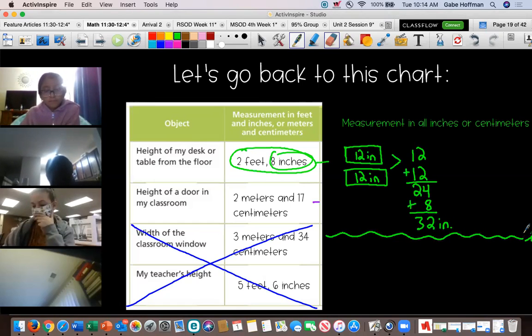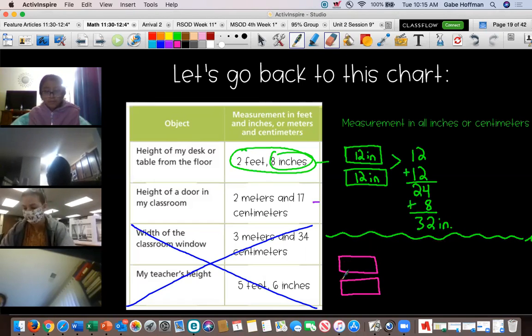Christian, can you talk us through what you did for the second one with meters and centimeters? I know for the meters, it's 100 in each one. So then I added 2 of them for 2 meters. So then it was 200. Okay, so I'm going to slow down. I'm going to clarify your thinking.